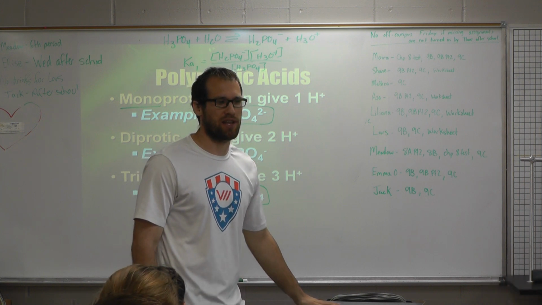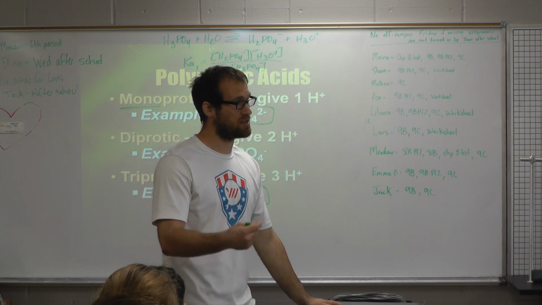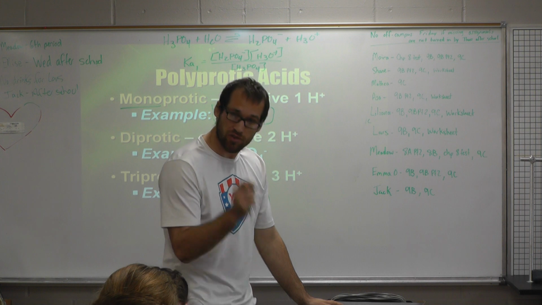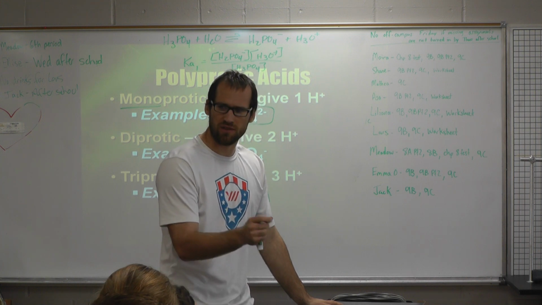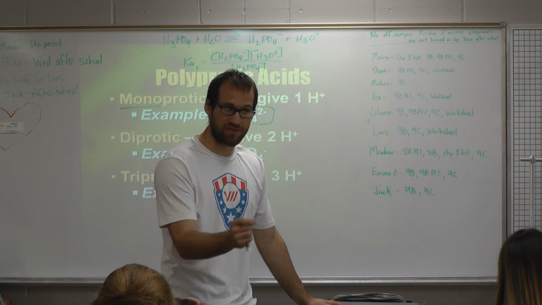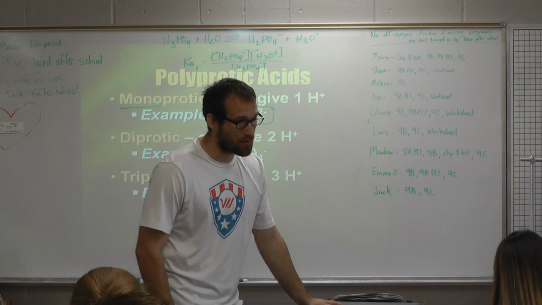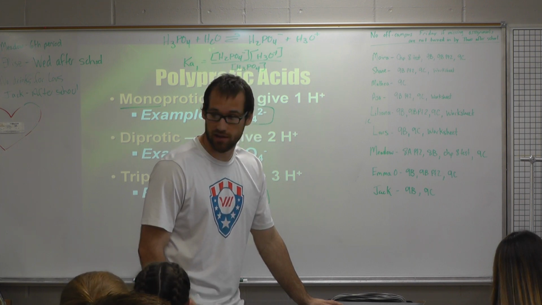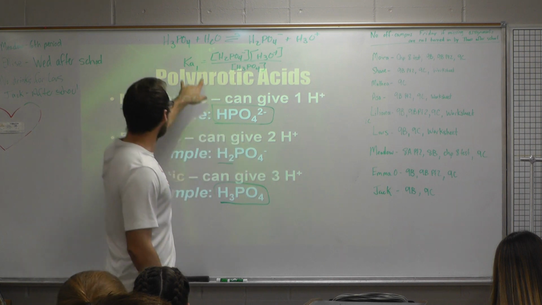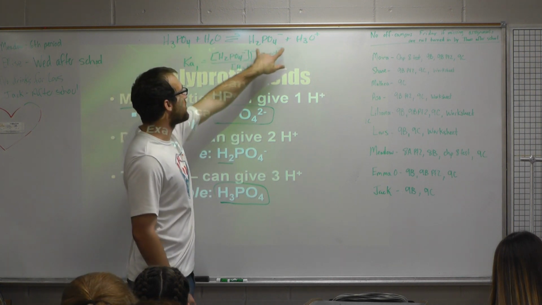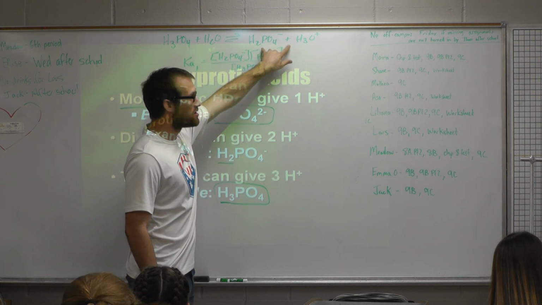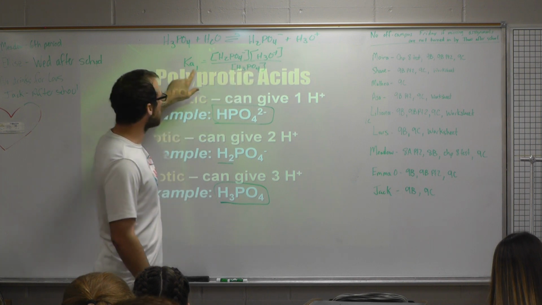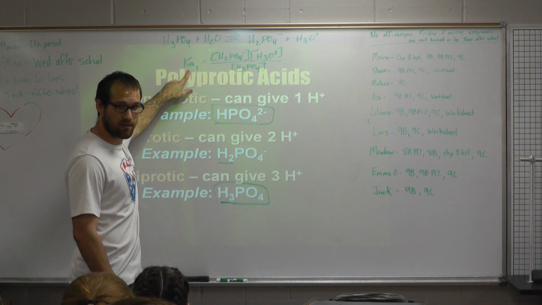I'm trying to show you the relationship between its ability to dissociate and its K value. There's a relationship. The more something dissociates and forms ions, the higher the K value. That's what I'm trying to make the connection for here. If this dissociates a lot, you have a lot of ions, right? So when you plug it into your equilibrium expression, you're going to get a high constant.